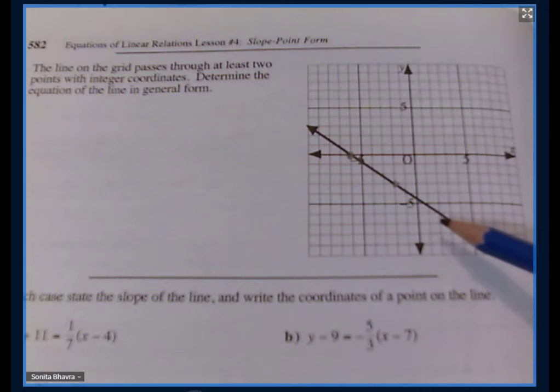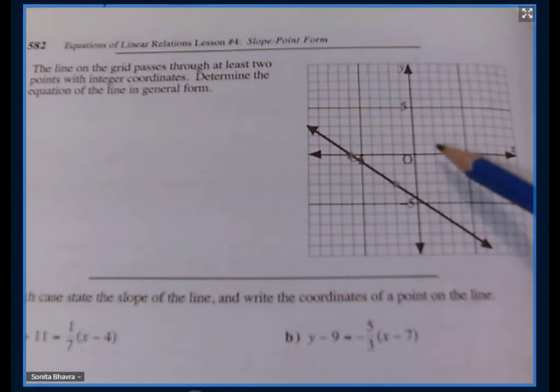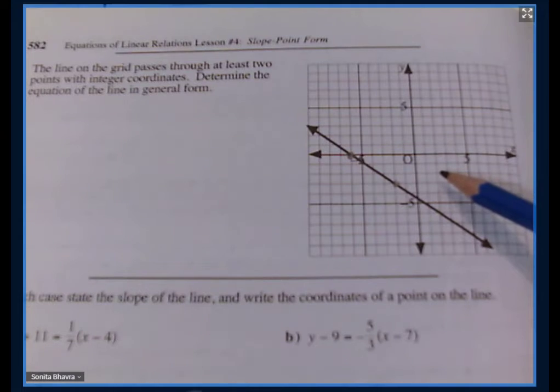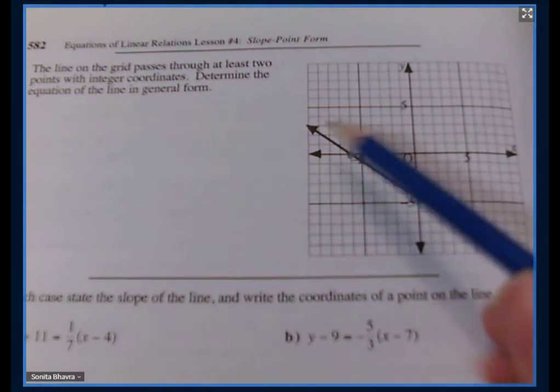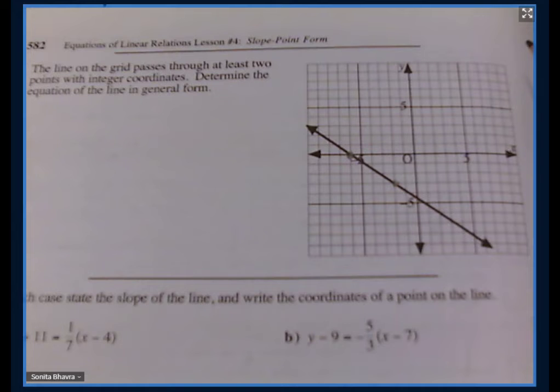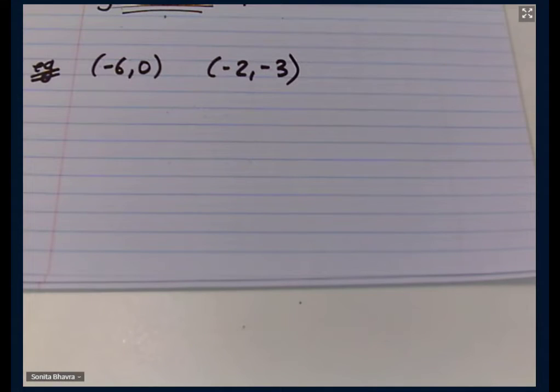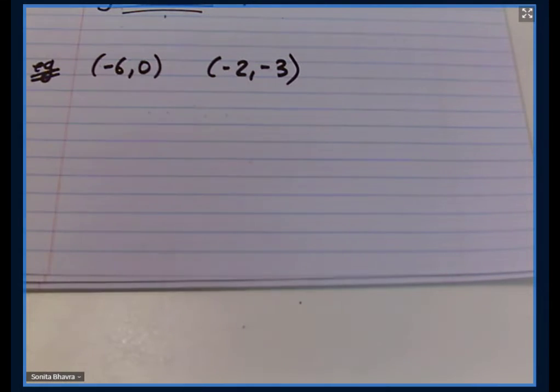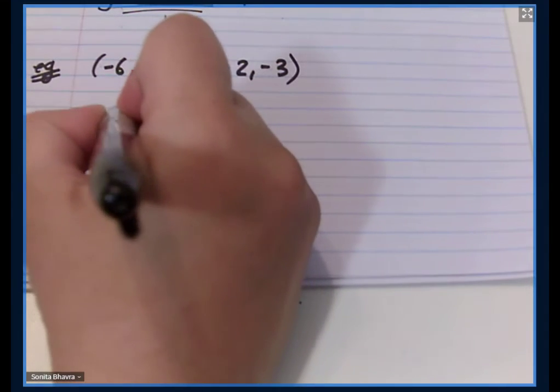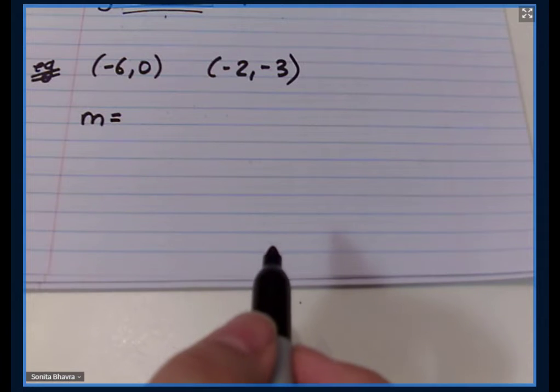So we can use what we know of slopes and formulas. We can use 2 points to figure out the equation of a line. In this specific case, we're putting it into general form. So using those 2 points on our line that we saw in the graph, we can first calculate our slope. Remember, slope is rise over run.